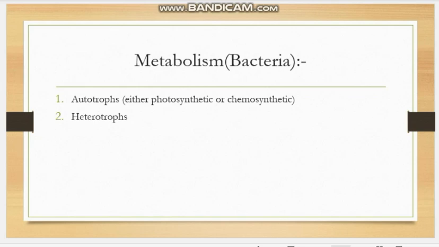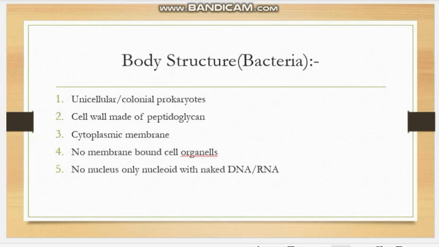So they are photosynthetic. But some bacteria are chemosynthetic. We will discuss it later. And few bacteria are heterotrophs. It means they depend on others for their food. So for bacteria, their metabolism is either autotrophic or heterotrophic.